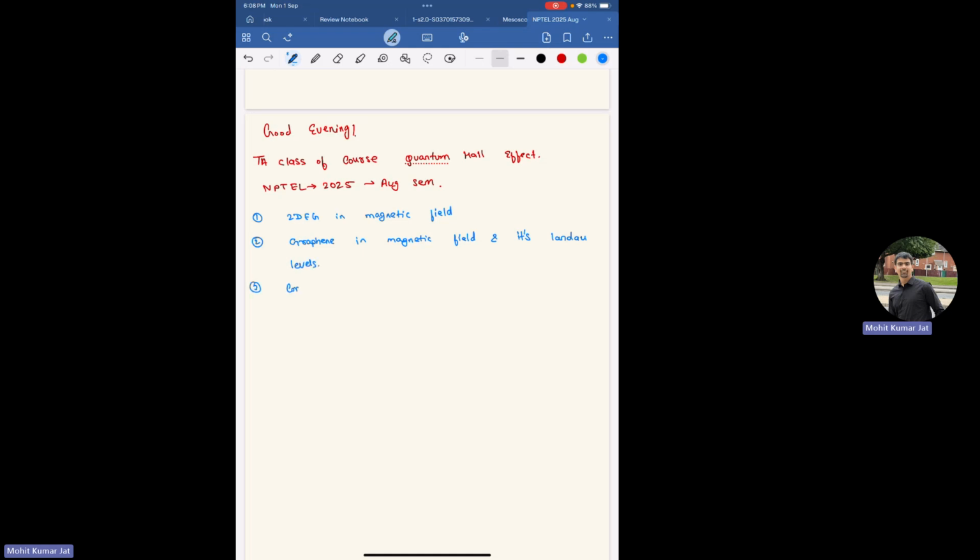We'll be comparing the Zeeman splitting and the Landau level spacing energies. Remember, in the case of a two-dimensional electron gas, Zeeman splitting and the Landau level spacing are the same.